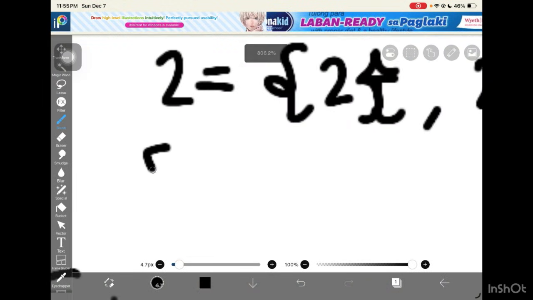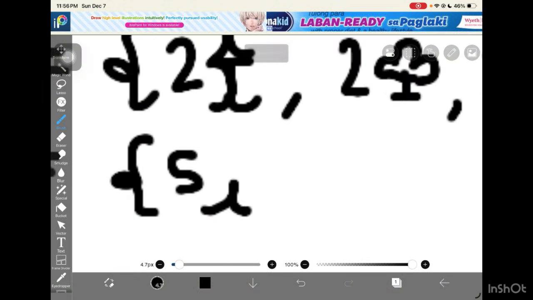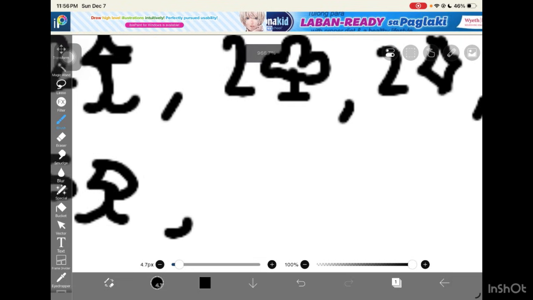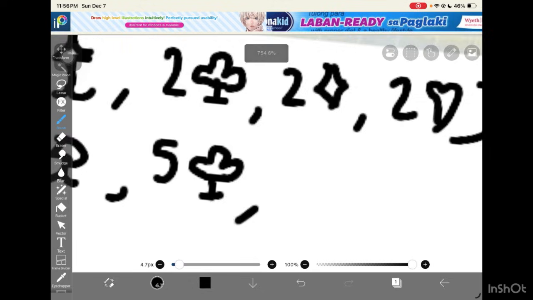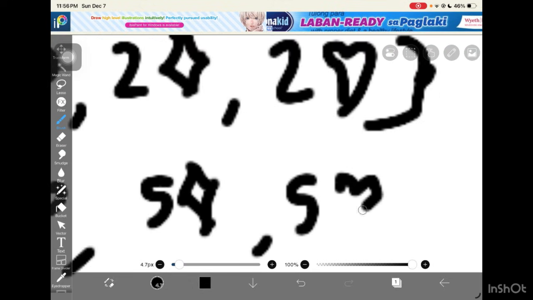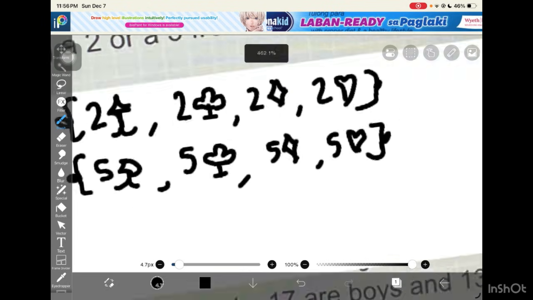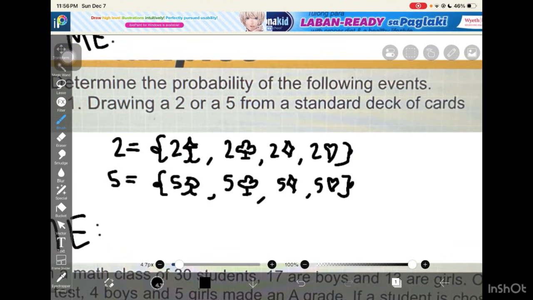But for the 5, it's going to be the 5 of club, 5 of spade, 5 of diamond, 5 of heart. Now, as you could see over here, none of the two sets share a common outcome.